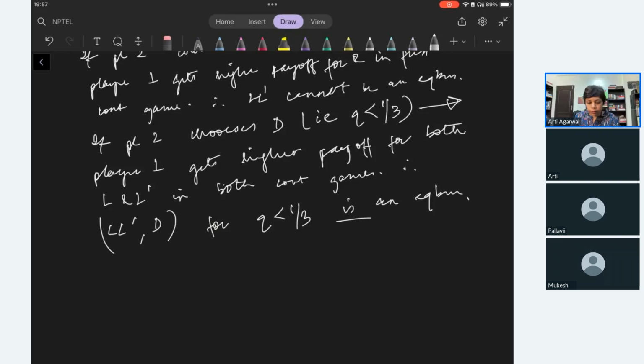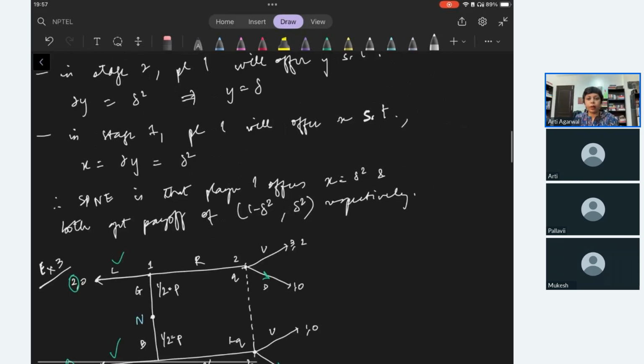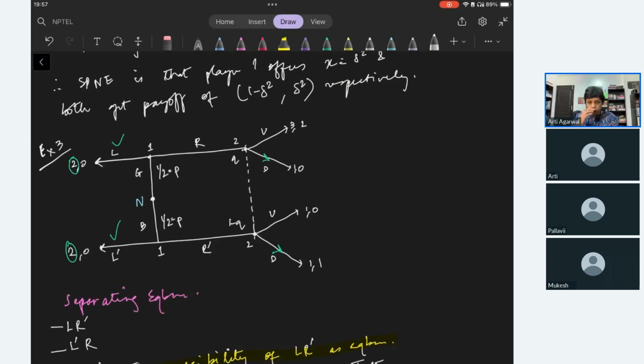Now, we should also consider the case of when Q is equal to 1 by 3, which means player 2 is just indifferent between choosing U and D, right? If player 2 is indifferent between choosing U and D, no. Okay, I forgot this part, how we solve it. Just give me a moment.